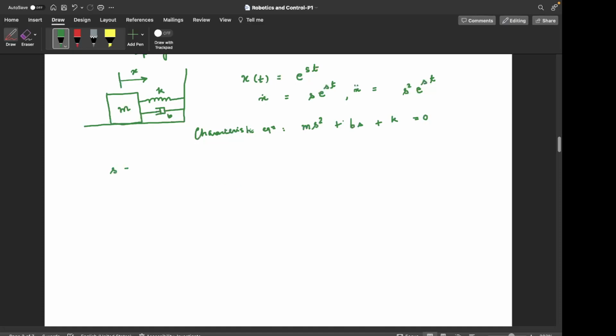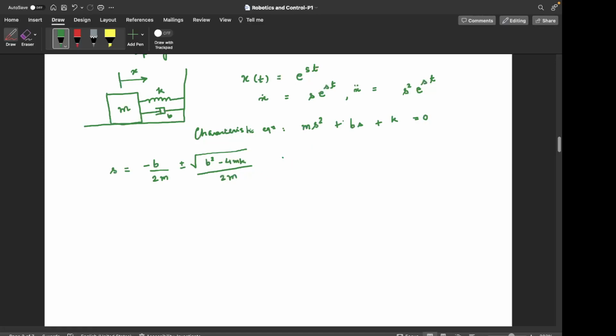You know the formula for finding roots of a quadratic equation, minus b plus minus under root b square minus 4ac by 2a. So just applying that, we get the value of s, so that will be minus b by 2m plus minus under root b square minus 4mk by 2m, right?